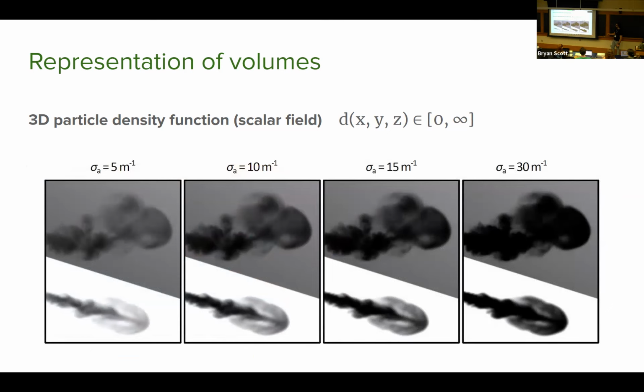Don't really pay attention to the units here, but if you have absorption of 5, and then 10, 15, and 30, you see that this very simple example medium becomes optically bigger or denser. So this is 6 times as dense as this one, and also the occlusion potential of this is going to increase.